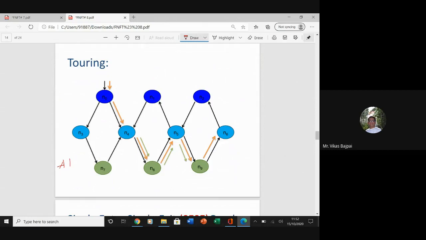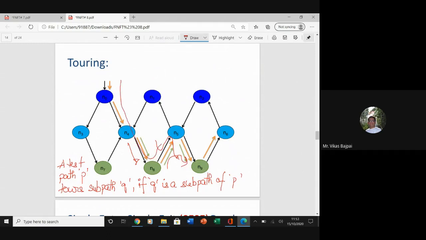So a test path P tours subpath Q if Q is a subpath of P. In this I can see there is a subpath from here to here to here of this particular path P. So I'm going ahead with touring of this particular set.